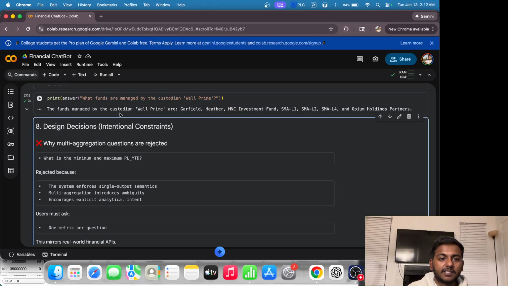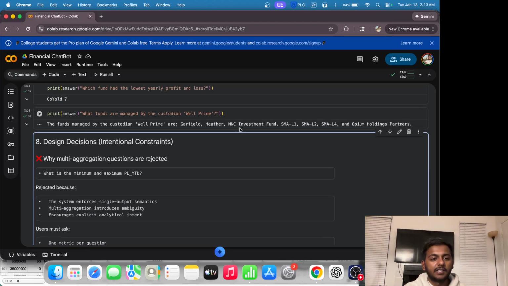And as you can see, the funds managed by custodian Belprime are Grafield, Heather, and this. So basically, this is reading it.